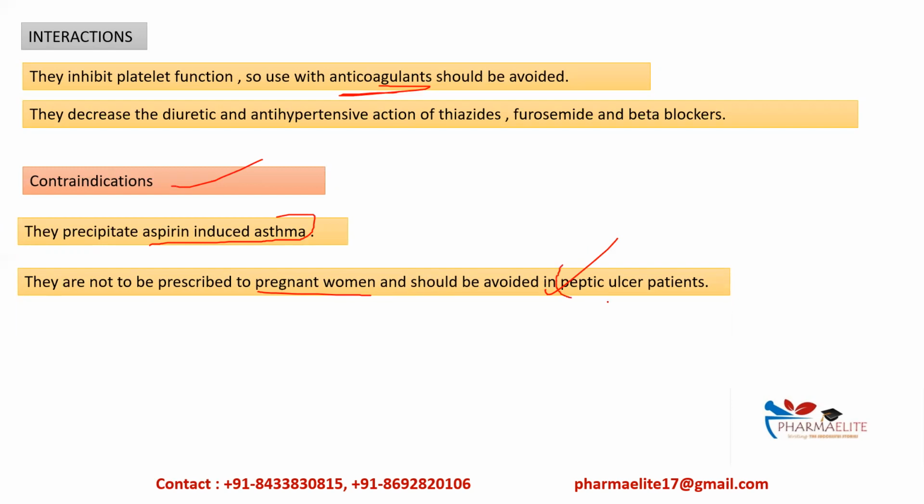Because the prostaglandins decrease acid secretion and increase mucus production, so they actually help in peptic ulcer. But by inhibiting the prostaglandins, the peptic ulcer will exaggerate. That's why it is contraindicated or should be avoided in peptic ulcer patients.